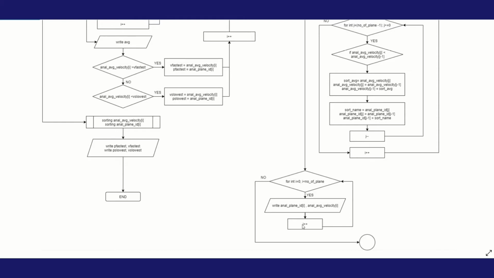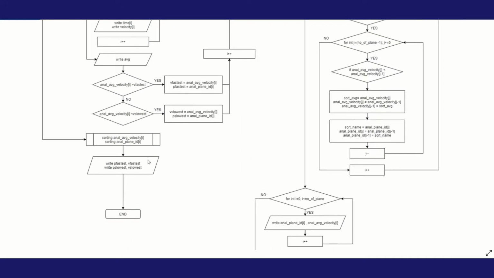And then we escape this. We're going to enter back the main flowchart, and lastly we just write the output for the fastest plane and also the fastest velocity, and also the slowest plane and also the slowest velocity. So that's about the flowchart of our program.